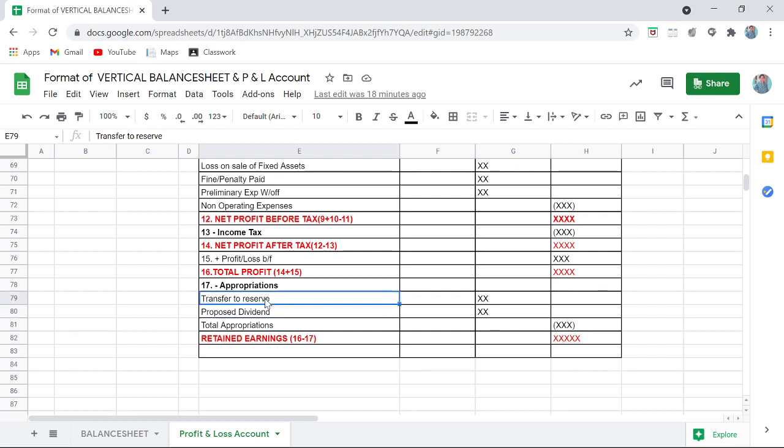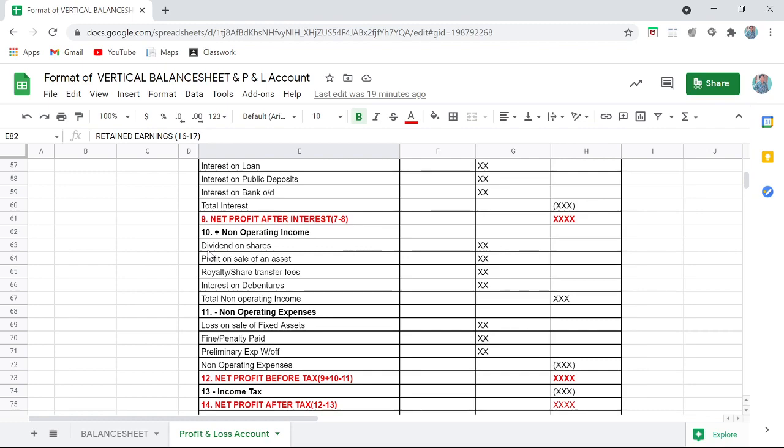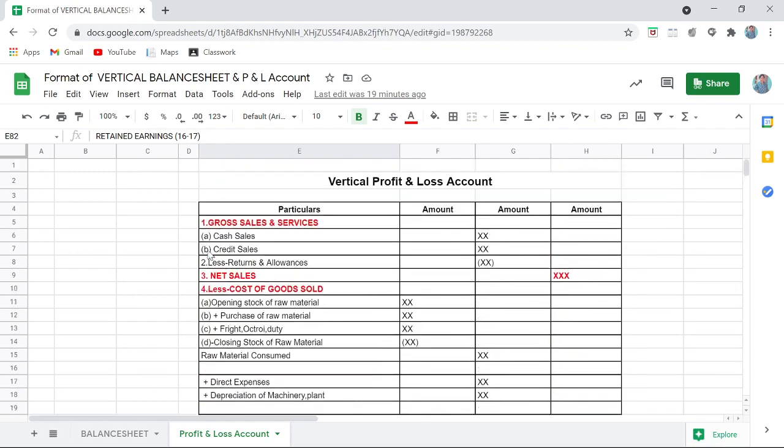Plus there are few reserves where the company transfers a certain amount, right? So transfer to reserve, and then whatever is remaining will be considered as retained earnings for the company, which the company keeps for their growth and expansion. So total profit minus appropriations, you will get retained earnings. Okay, finished with the statement of profit and loss.